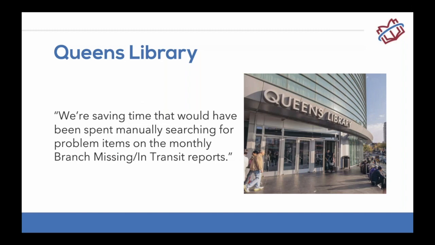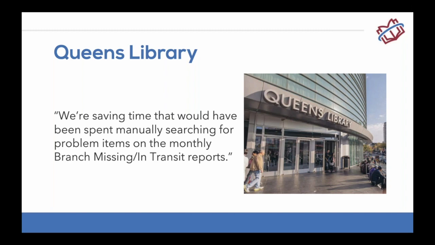So libraries such as Queens Library in New York adopt circTRAK system-wide for problem solving. circTRAK becomes an active partner for staff whenever an item isn't where it's supposed to be. So for example, Queens uses it to replace printed missing and in transit reports.